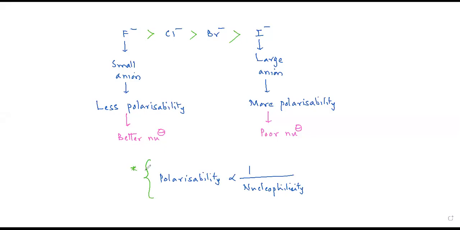Now, you know the one that is less polarizable is actually called a hard base. There is a theory called hard and soft acid base theory, which we come across in ionic equilibrium. Now, this is a soft base. More polarizable, so is a soft base. So, this is about the nucleophilicity, taking polarizability into consideration.